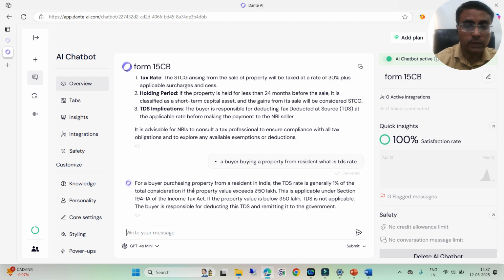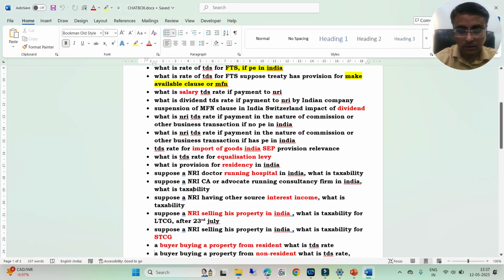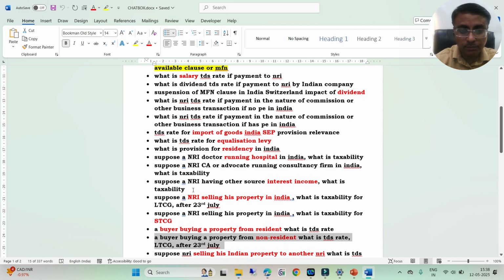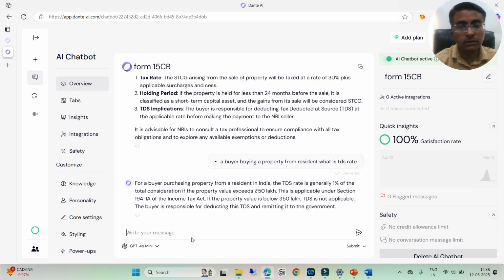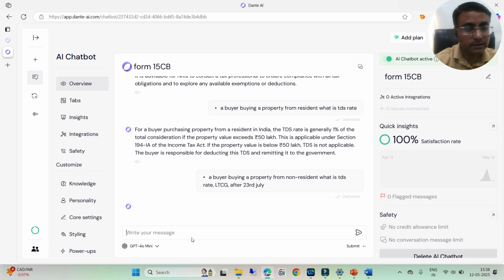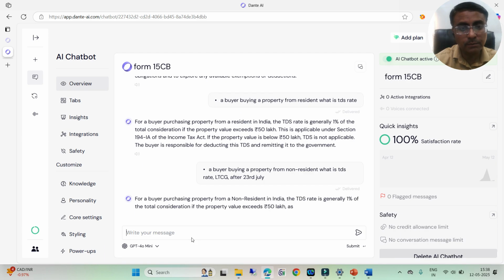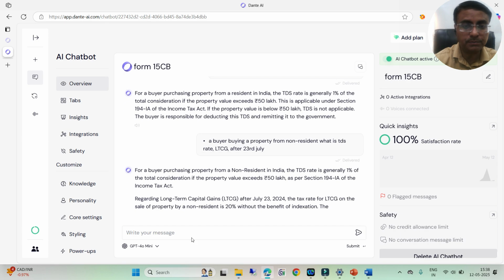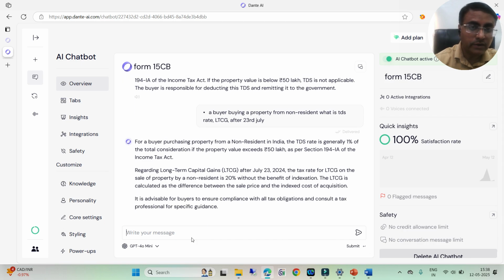You need to deduct TDS on property. Suppose a non-resident is buying property after 23rd July, so 1%. Even though a non-resident buys property from a resident, 1% is applicable. My dear friends, most of our chartered accountants are confused with this question, but AI is giving a beautiful answer.